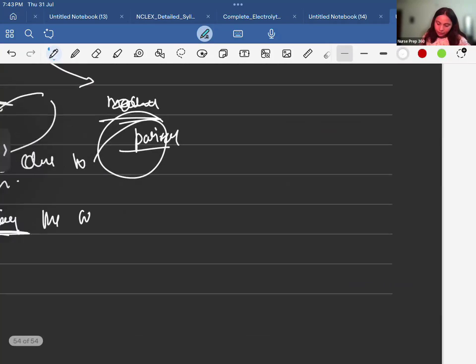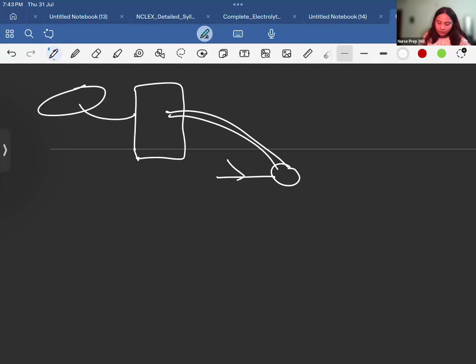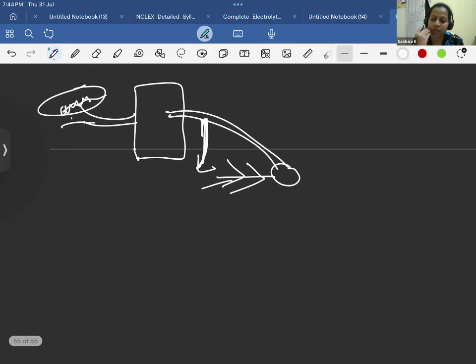The second is the low pressure alarm. Listen, this is the ventilator and this is attached to the oxygen and to the patient. The ventilator will sound a low pressure alarm when there is any kind of tubing leakage, or the oxygen cylinder is empty or disconnected, or there's leakage in the tubing.